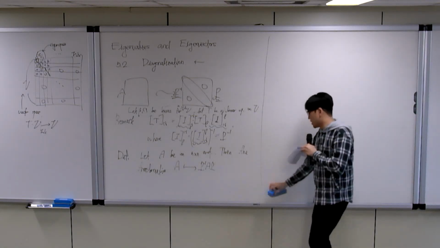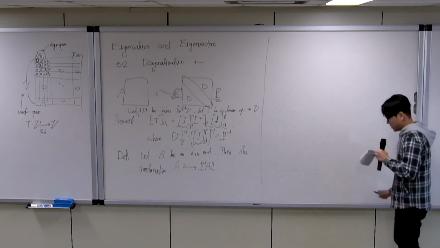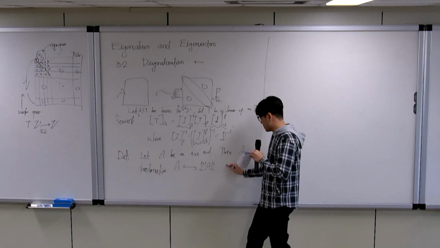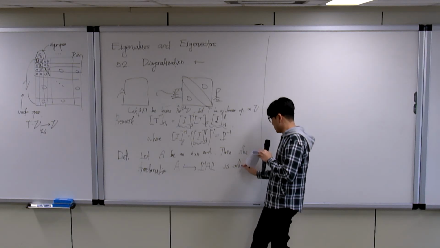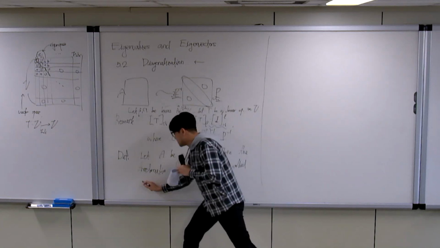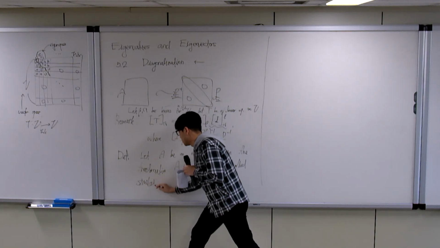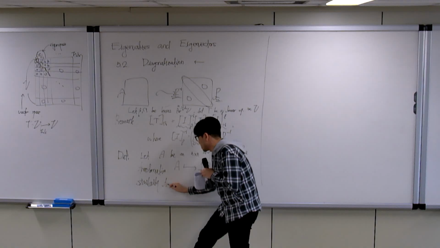and when we consider it, this map is called a similarity transformation.